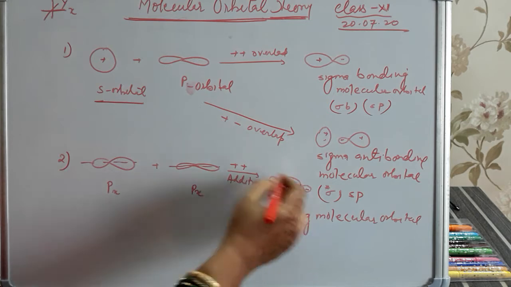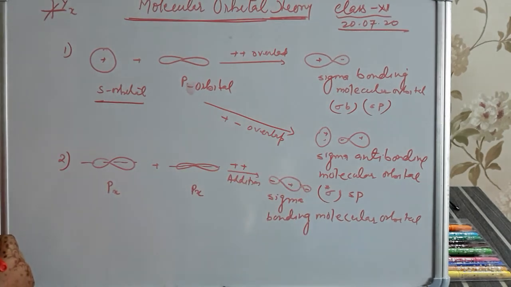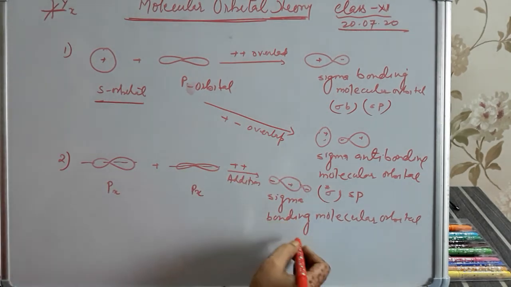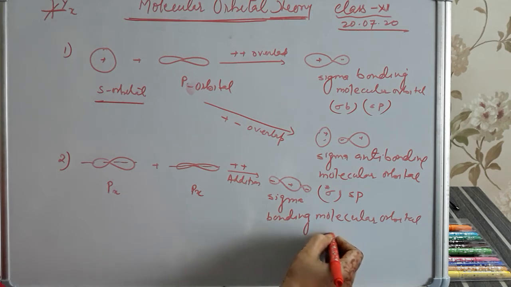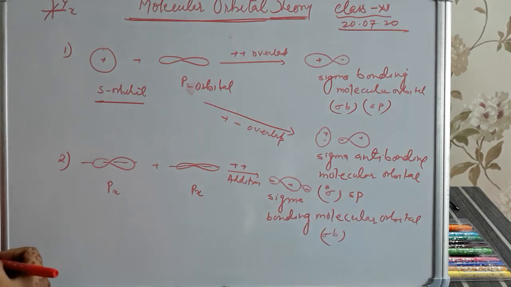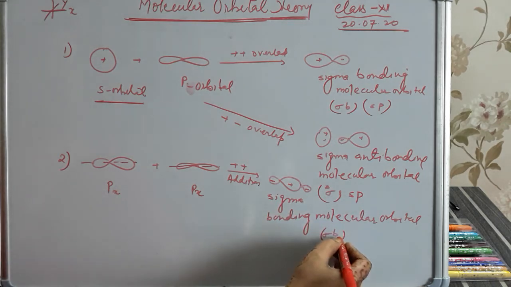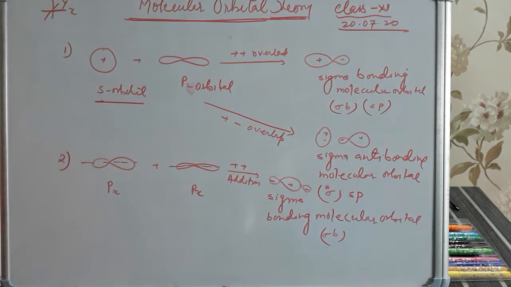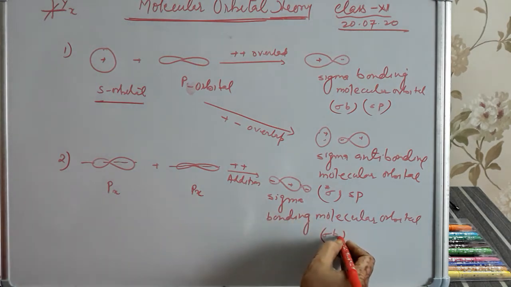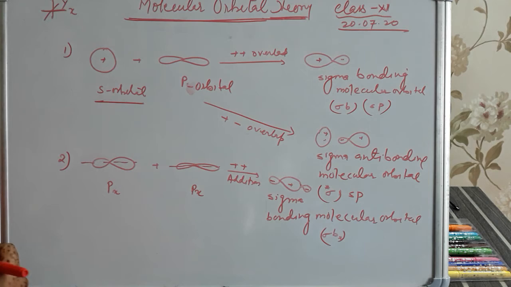It is represented as sigma bonding, also called sigma px.